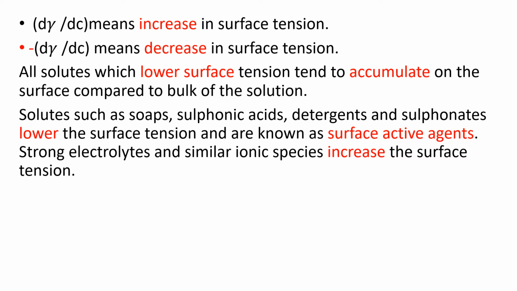That means they lower the surface tension and are known as surface active agents. But strong electrolytes and similar ionic species have positive dγ by dC, and these species increase the surface tension, and are not good surface active agents.